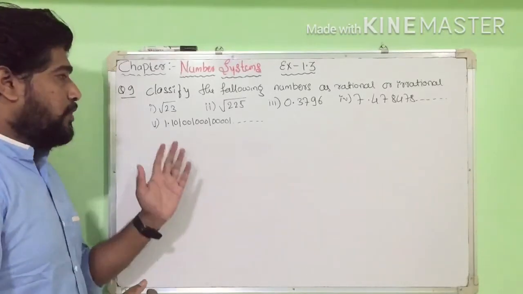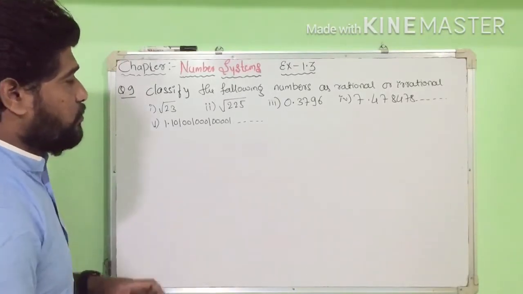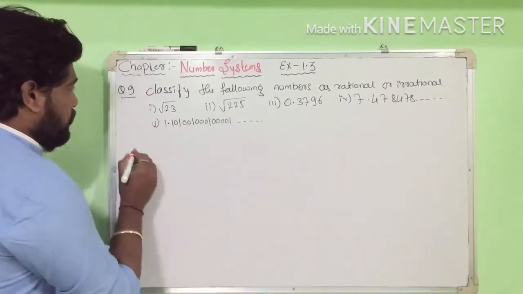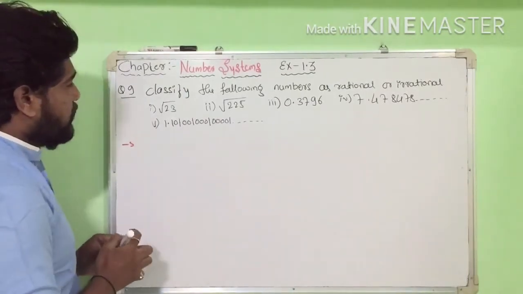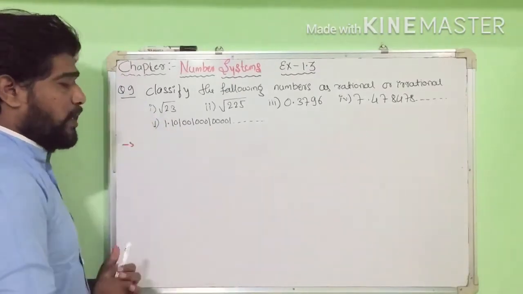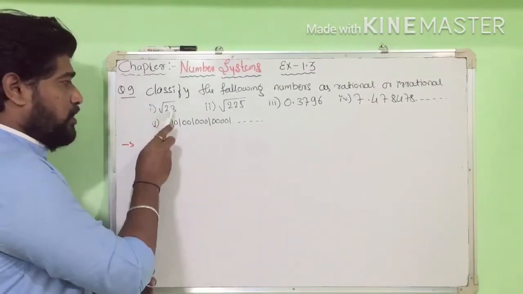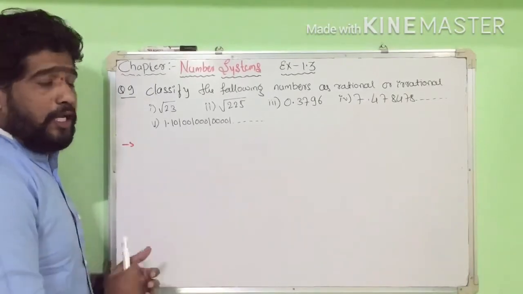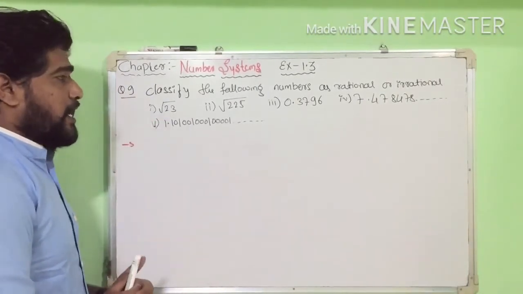So we will check which one is terminating, which is non-terminating, and which is recurring or not, right? First one, root 23, is not a perfect square, so its decimal form is non-terminating and non-recurring, so it is an irrational number.